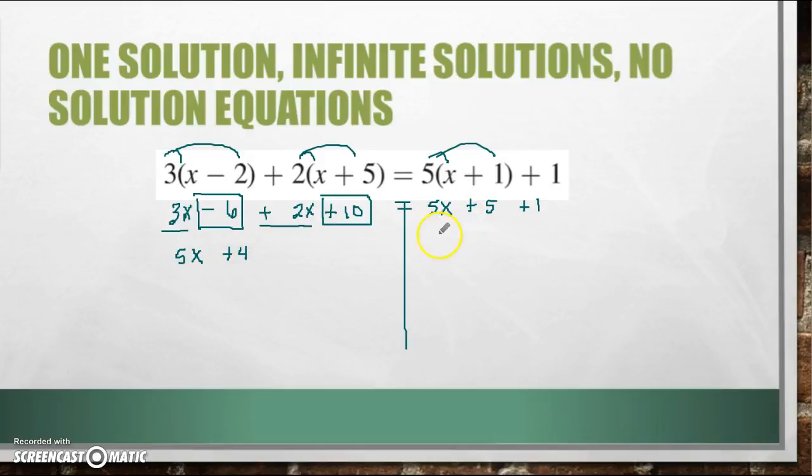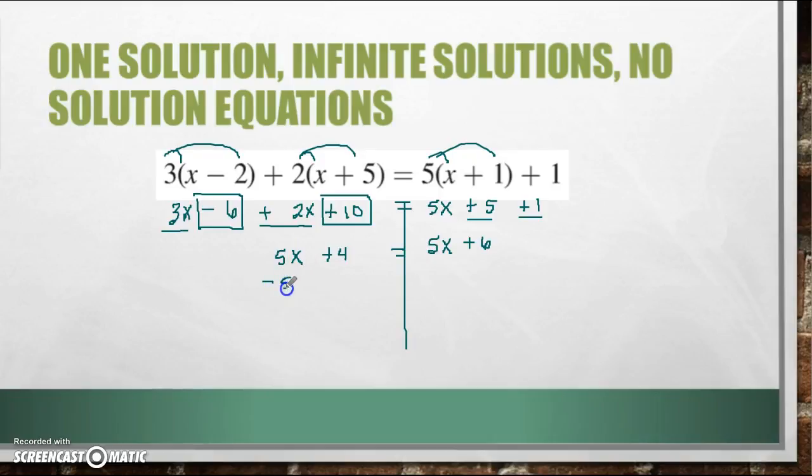On the right, I would have just one variable term, so 5x and then 5 plus 1, so 5x plus 6. So now with our equation, if you were to finish solving this to combine like terms, you would think to subtract 5x from each side.